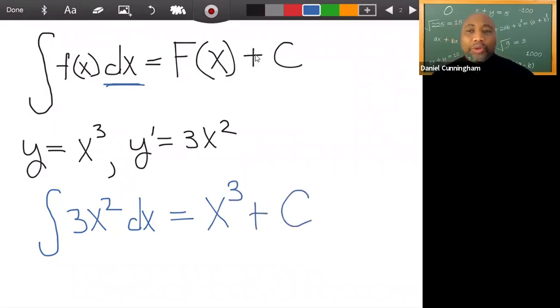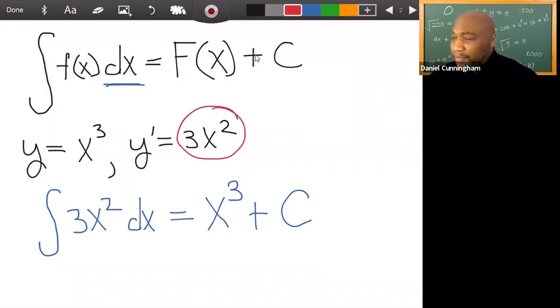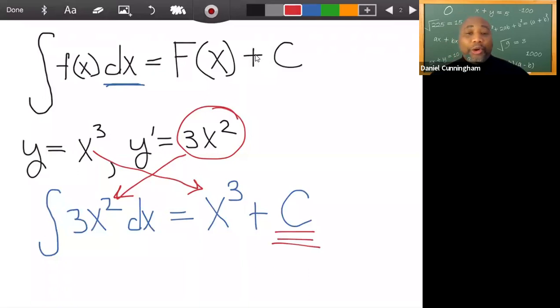All indefinite integrals must have a plus constant c. I'll show you that a little bit later. So see the relationship, I went the other direction. Again, this is our derivative, and this is what we got out as an answer once we put it in the integral. And then plus c is always referred to after our capital F of x.